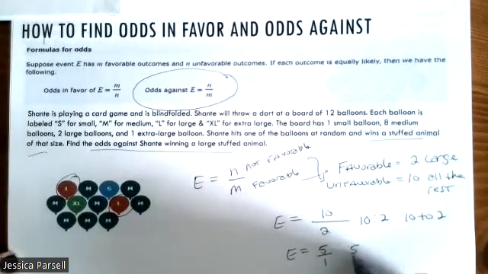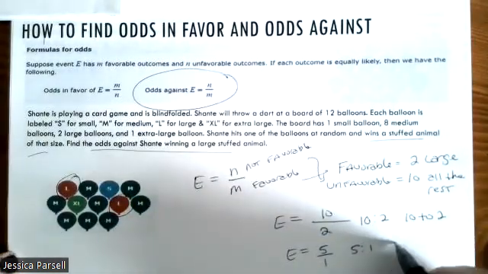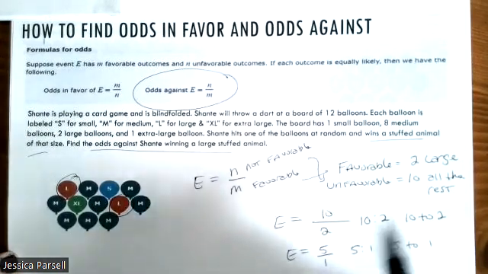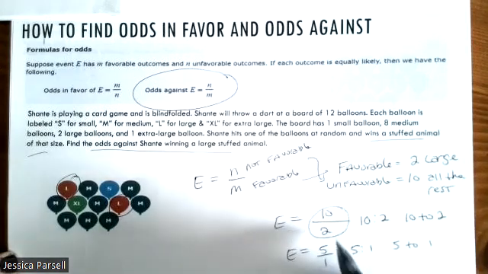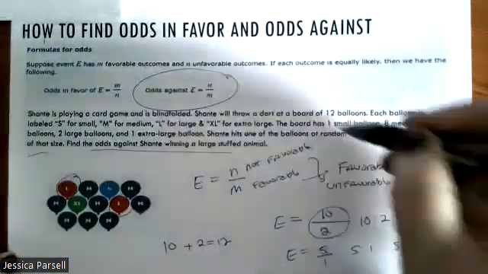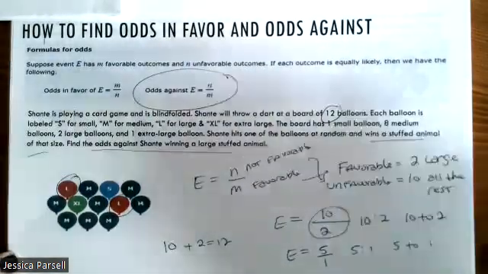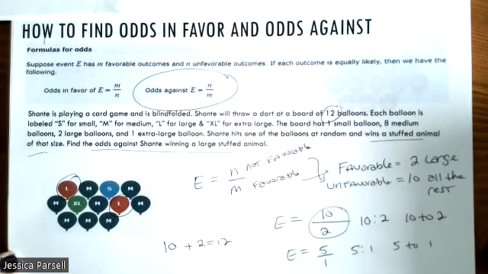So it's 5 to 1 odds against Shantae winning that large stuffed animal. And then make sure to double check yourself. 10 plus 2 equals 12. And we know we have 12 balloons. So we're pretty sure we're on the right track here. Hopefully you got 10 to 2 or 5 to 1.